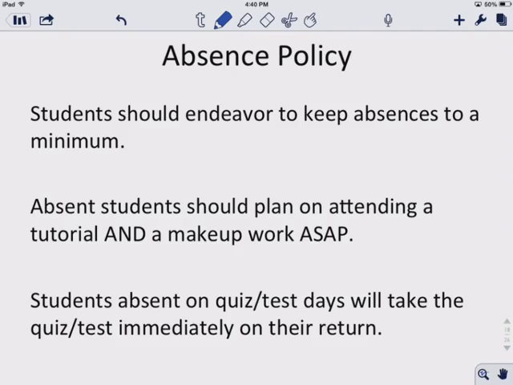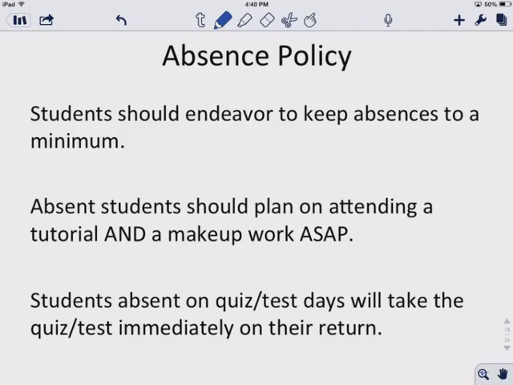Now, absence policy. Students should try to keep absences to a minimum. We always want to be in class as much as possible because we depend on class to get a deeper understanding of the information. Things that we go over in class are hard to get outside of class, so we want to make sure that we're here as much as possible.